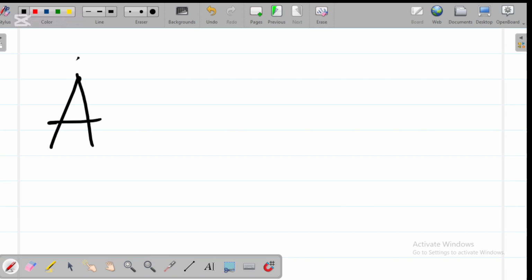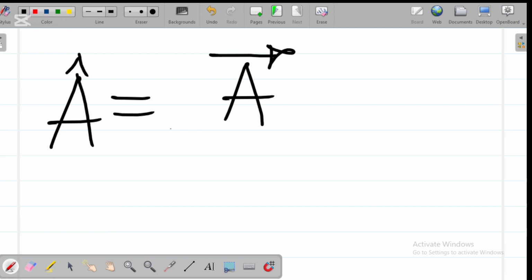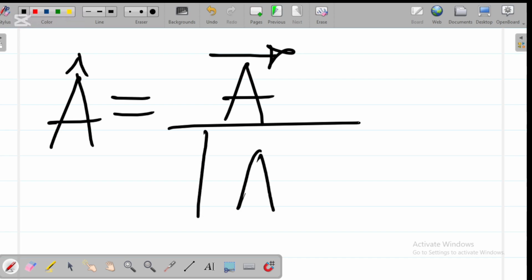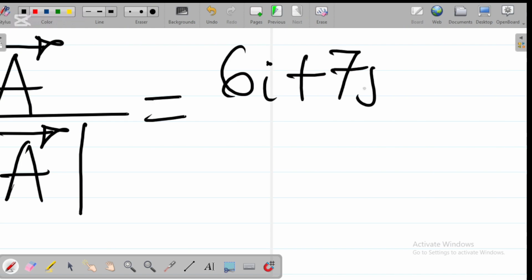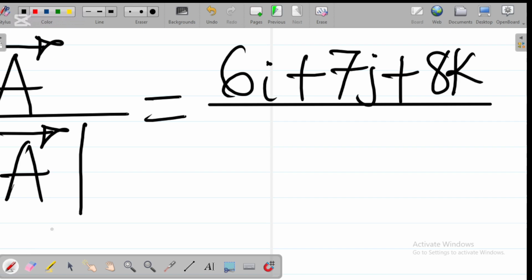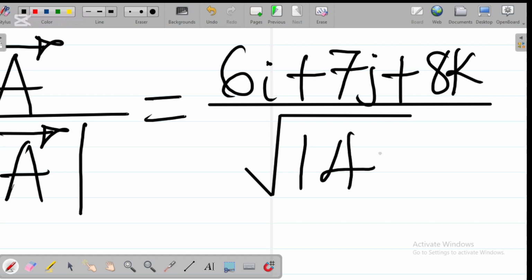So remember that unit vector of A is equal to position vector of A all over magnitude of vector A. So if we substitute, we would have the position vector 6i plus 7j plus 8k all over square root of 149.